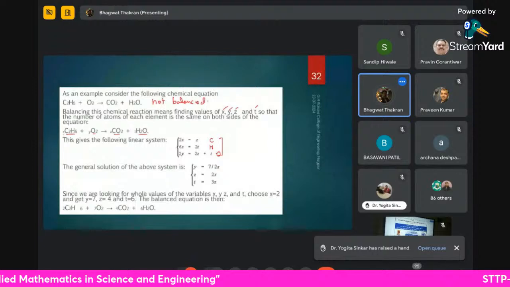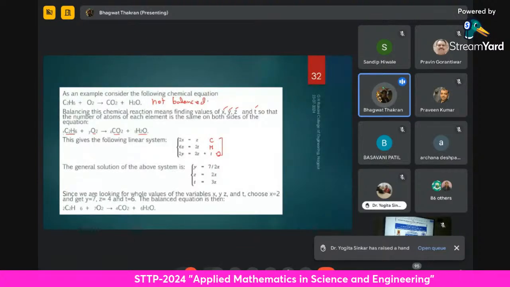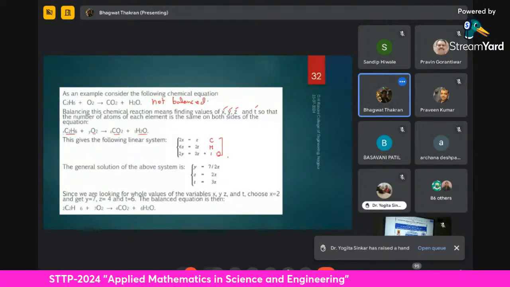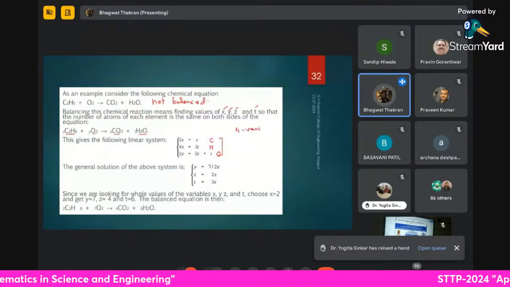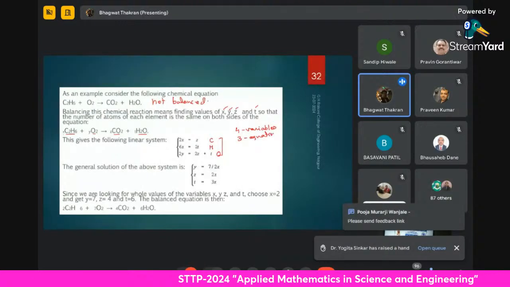Now, since we have four variables but three equations, definitely this system will have infinitely many solutions. We have four variables and three equations.